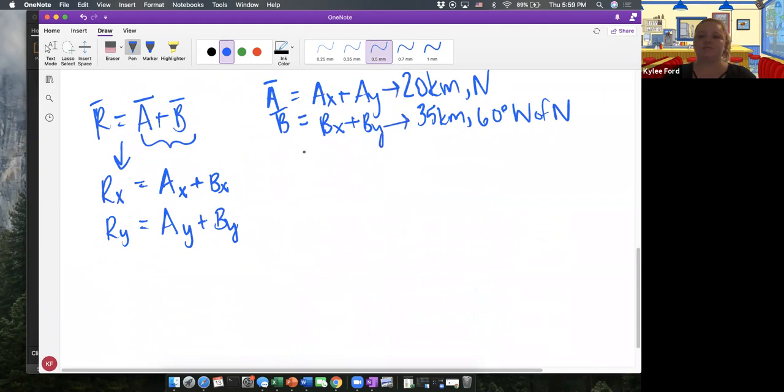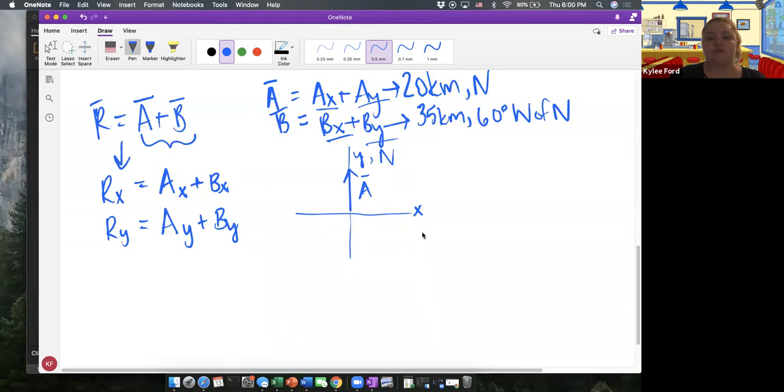Okay, so now I need to solve for each of these components. I need to solve for my AX, my AY, BX, and BY. So if I have my A, that is purely going in the north direction. And if this is my x, and this is my y, and this is my A, it's only going in the y direction, because this is north, remember?